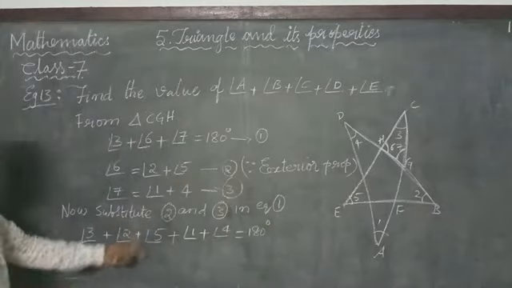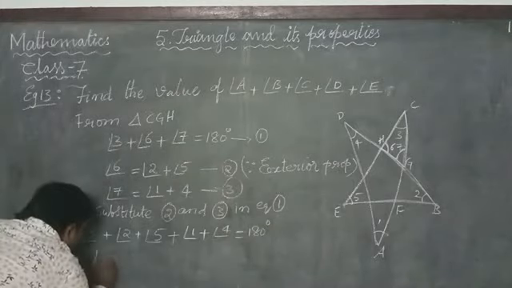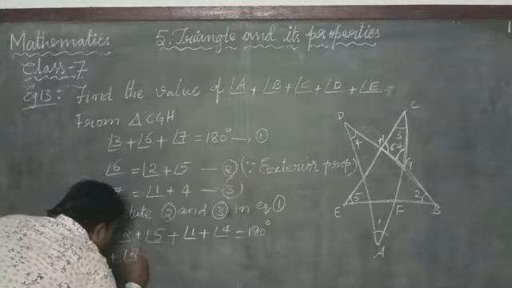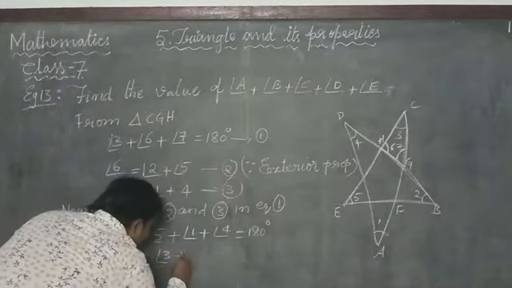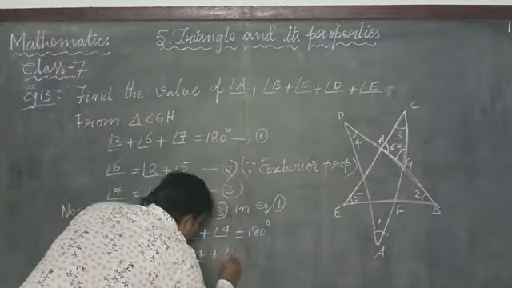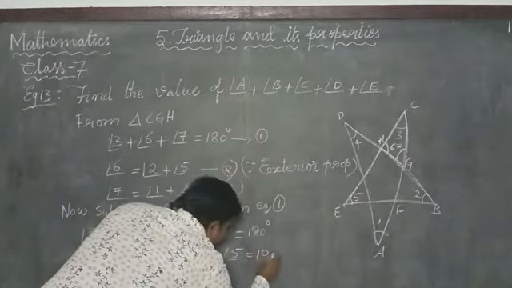Rearranged, angle 1 plus angle 2 plus angle 3 plus angle 4 plus angle 5 equals 180 degrees.